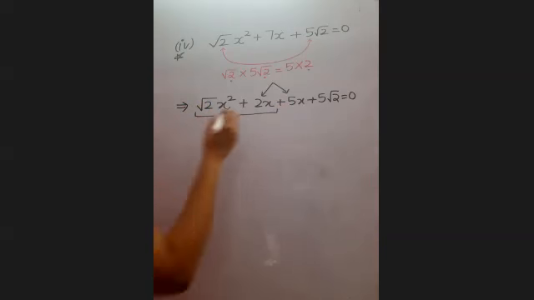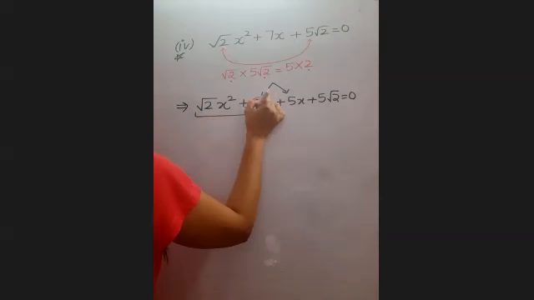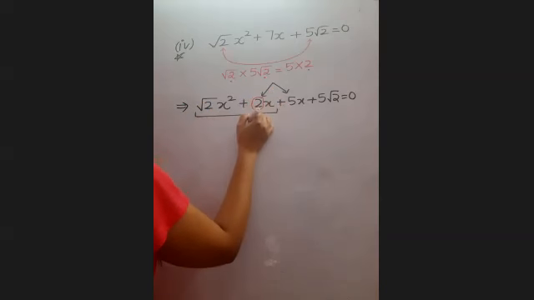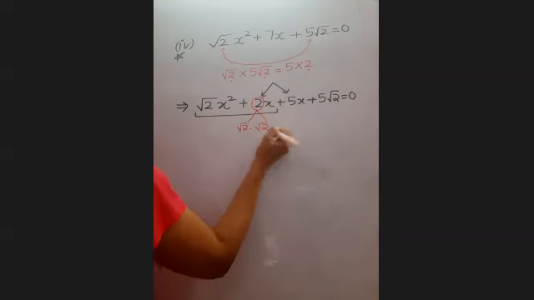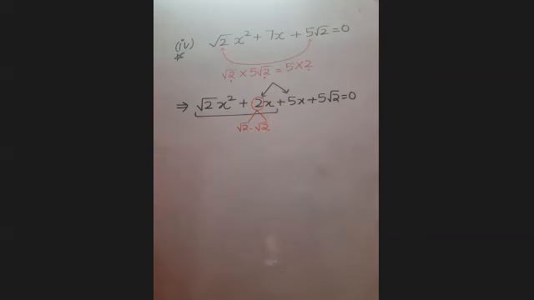Now, from these two, what can be taken common? Root 2x. Can we write this 2 as root 2 into root 2, beta? Yes, ma'am. From both of these, one root 2 and the x will be common.